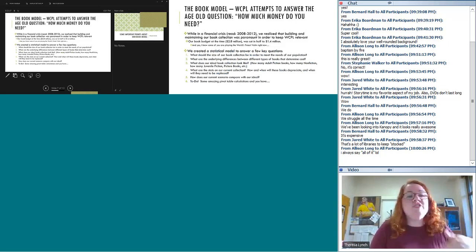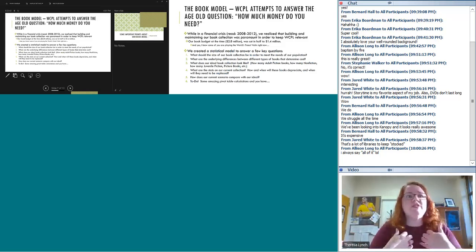And so the question that we wanted to answer through this model is, what should the size of our book collection be? We went through a lot of data, state library data, national data. We looked at the size of collections of peer libraries the same size as us.